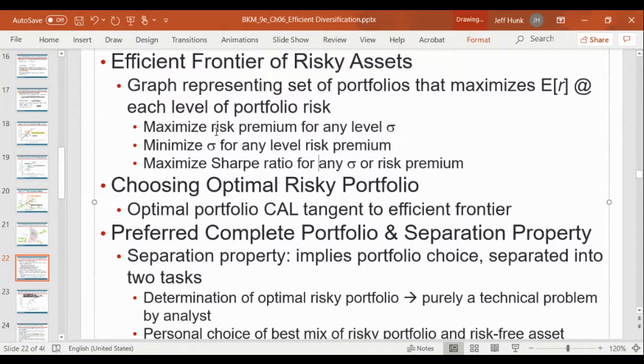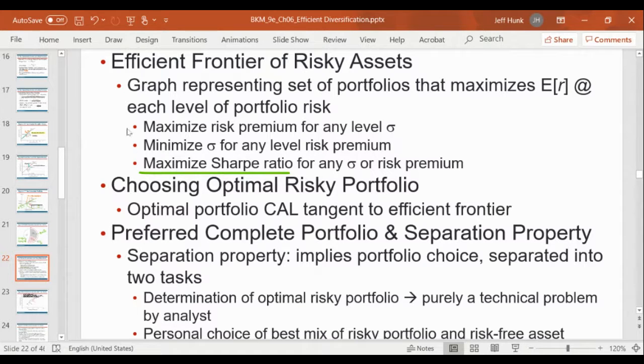The efficient one is the one that maximizes the risk premium for any level of risk, or minimizes the risk for any level of premium. In other words, the whole point is we want to maximize the Sharpe ratio for any risk or risk premium. There are two ways to maximize the Sharpe ratio.